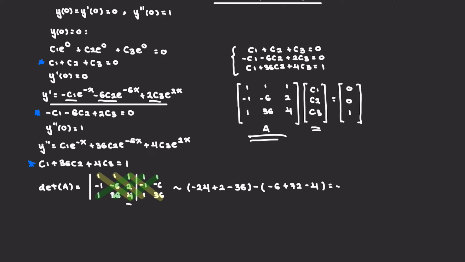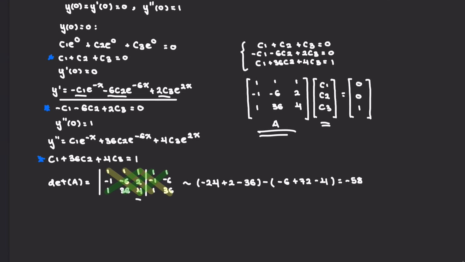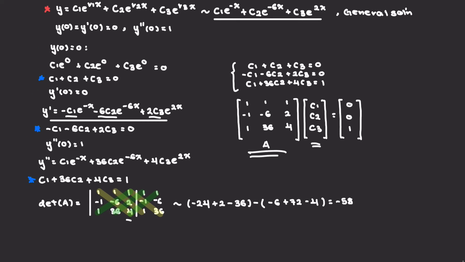So it is -58 because we add 2 to -60. And then -6 minus 4 is just -10, plus 72 is positive 62. Positive 62 times a negative, so this is just going to be minus 62. And we all know that this is just going to be minus 120. So our determinant of A is negative 120, okay?